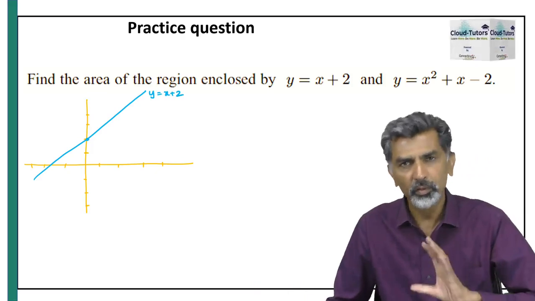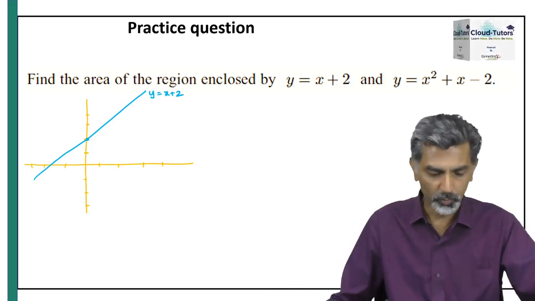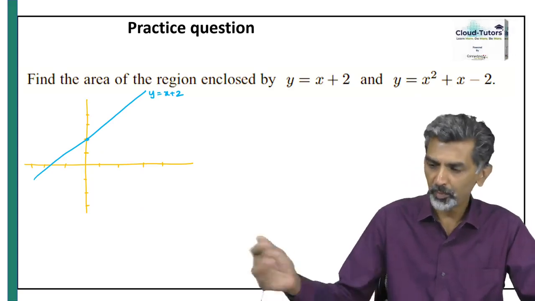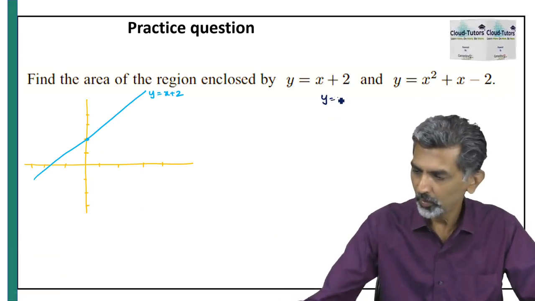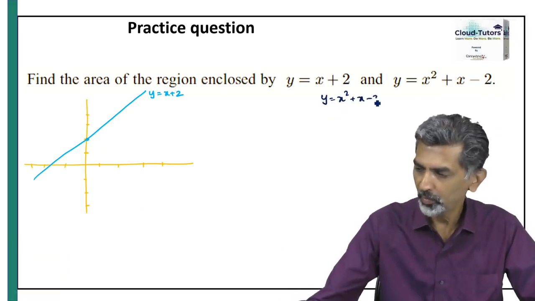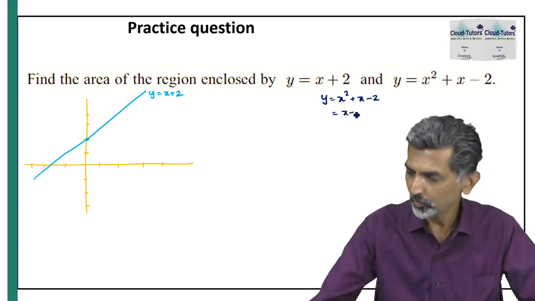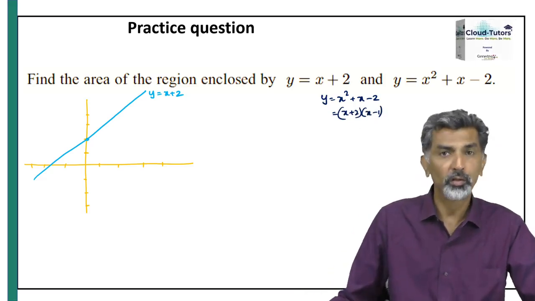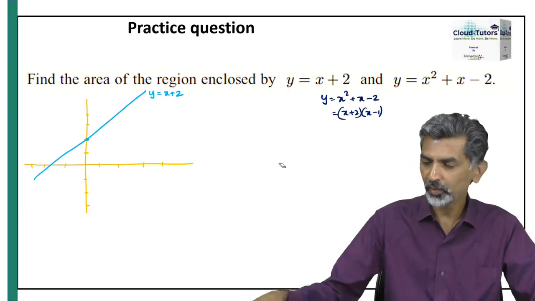It can be a rough and crude diagram, but it will give you an idea of what we are doing here. Now let's talk about the parabola. y equals x square plus x minus 2 can be easily factorized and written as x plus 2 and x minus 1. So it has two real roots. It's an upward parabola. It's a parabola like that. It is not a parabola like this. Why?